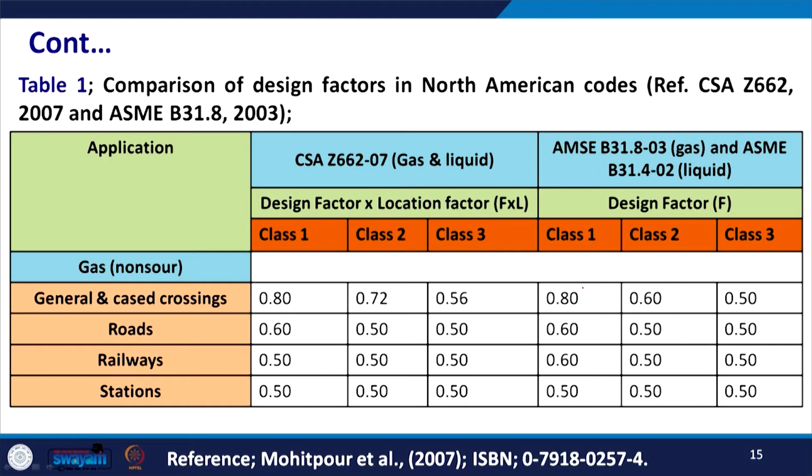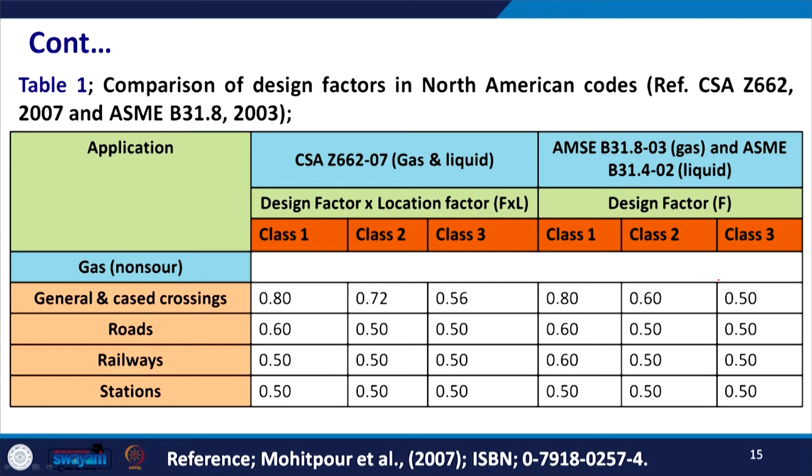Now, if you compare with the ASME codes, then class 1 is 0.80, class 2 is 0.60 and class 3 is 0.50. Similarly, for roads it is 0.60 for class 1 under CSA and 0.50 in class 2 and 0.50 again in class 3, whereas ASME suggests 0.60 for class 1, 0.50 for class 2 and 0.50 again for class 3.